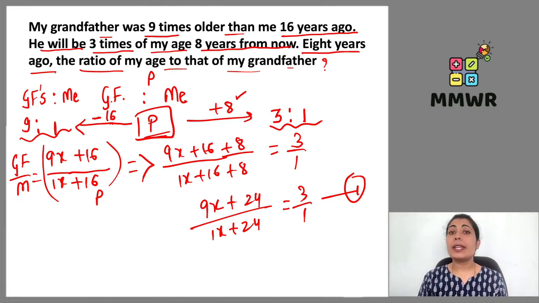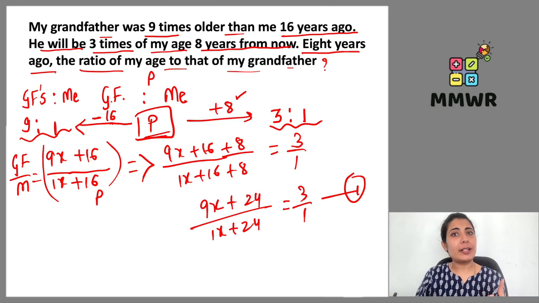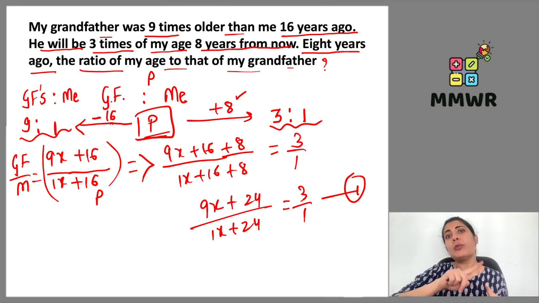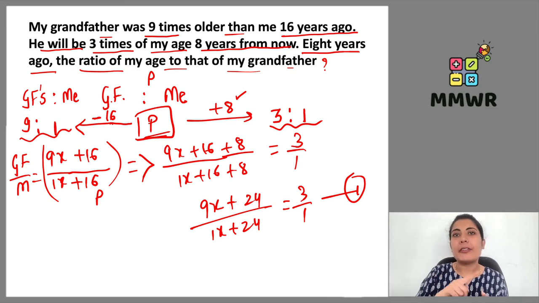But if we have to do this question with the shortcut method, we always have to take the help of the difference concept. Whatever number of years grandfather's age increases, if I am talking about the scenario after 8 years, grandfather's age also gets exactly 8 years added.